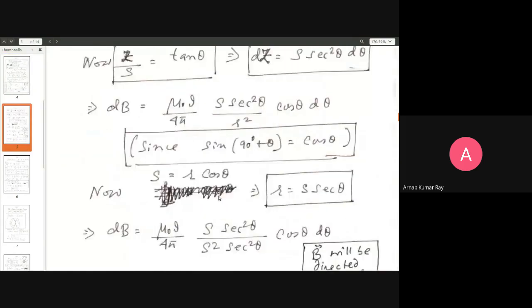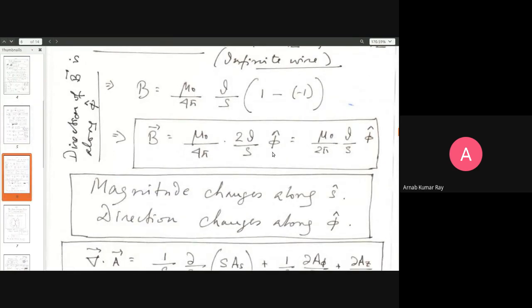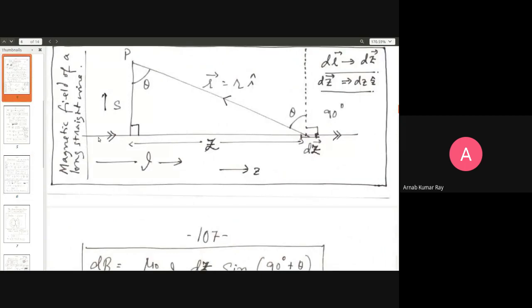And so what we found is that the magnetic field of such a wire will be given by this formula, mu naught by 2 pi into I by S, I being the current passing through the wire and S the radial distance on a plane with respect to which the wire is perpendicular. So the wire is like an axis.